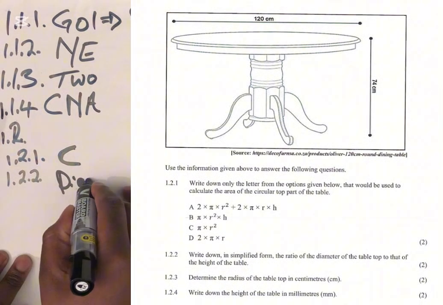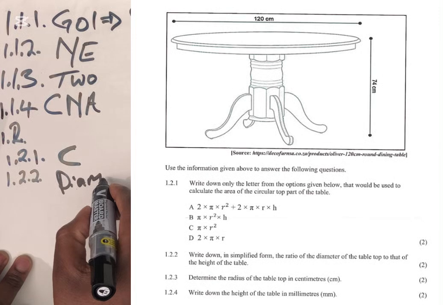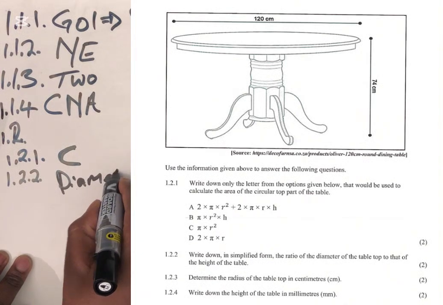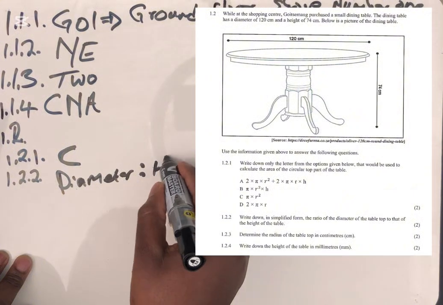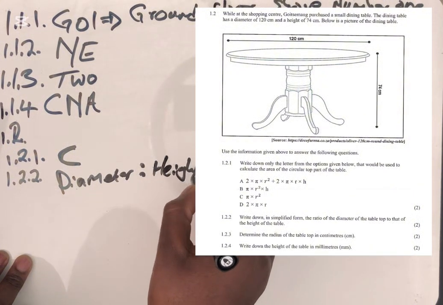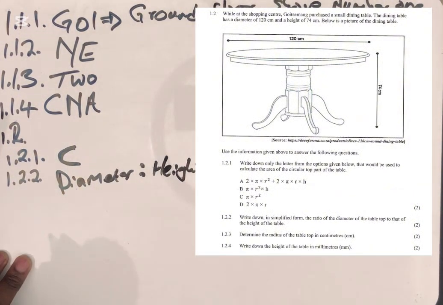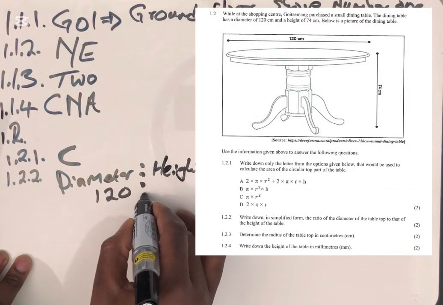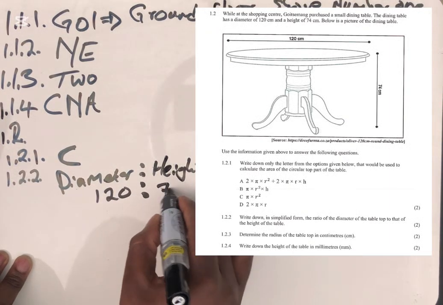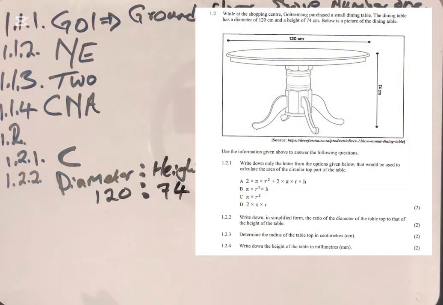We say diameter is to what? Is to height. If you can check here, our diameter is 120, our height is 74.